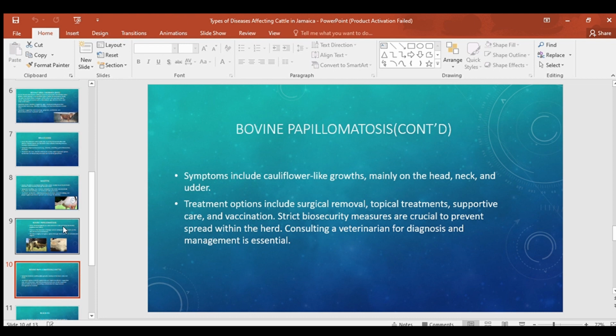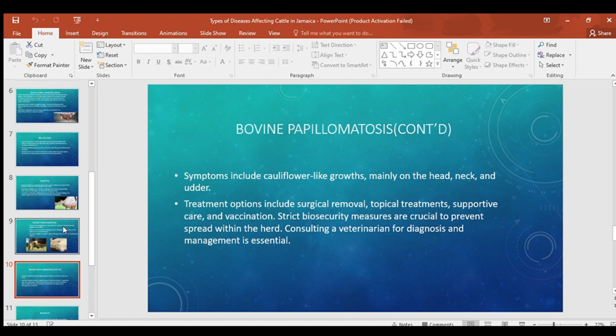An autogenous vaccine is where you take some blood from the infected animal and re-inject it in the animal subcutaneously, so you inject it under the skin. What this does is help the animal to gain passive immunity, so it will help the animal to fight off the papilloma.